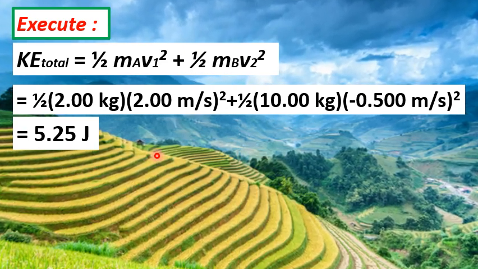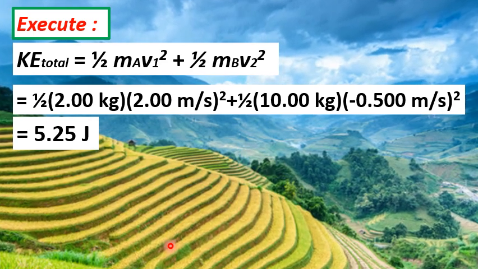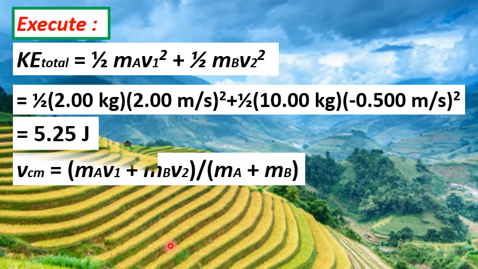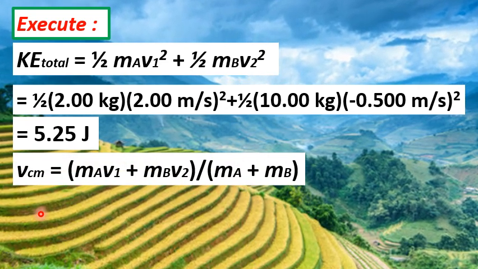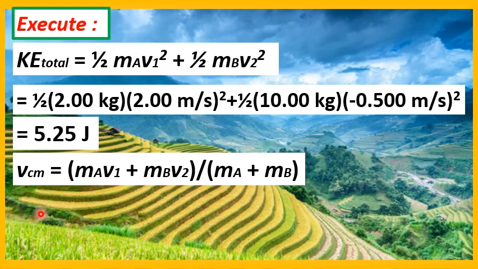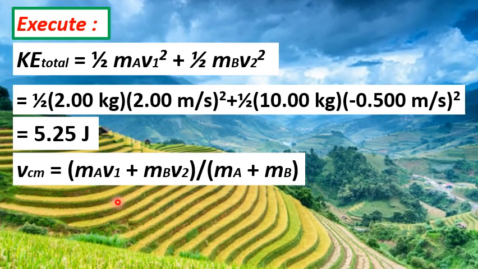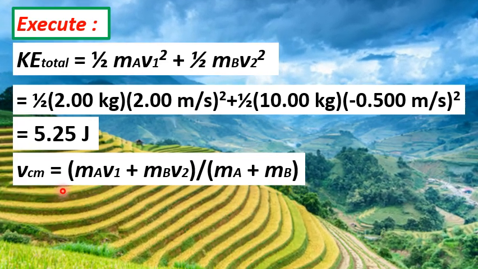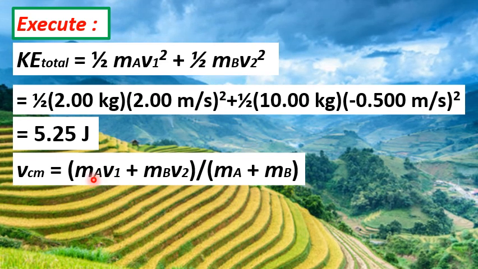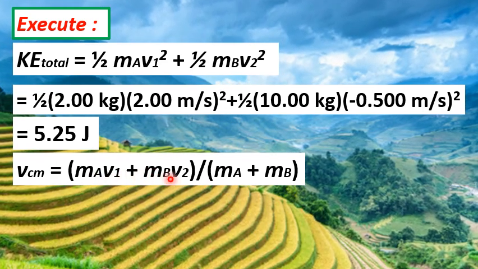Next, we find the velocity of the center of mass of the system, denoted by v_cm, using this formula: quantity m_A times v_1 plus m_B times v_2 all over the total mass m_A plus m_B.